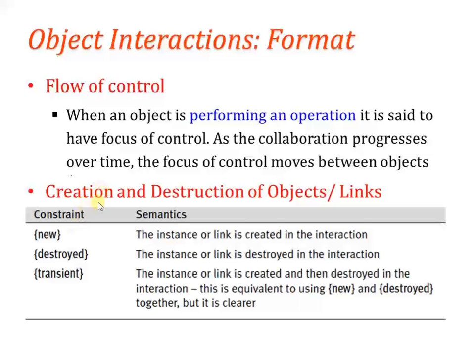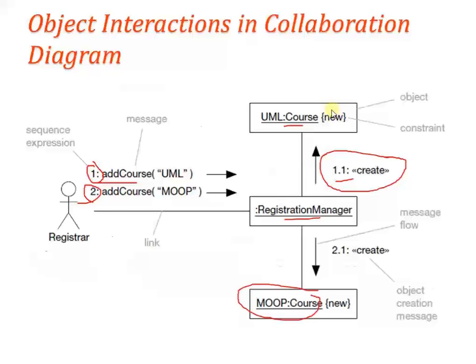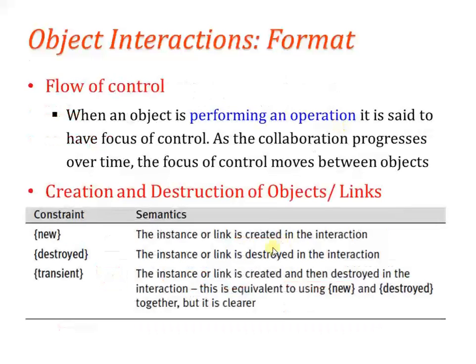And the next representation is called creation and destruction of objects. You can see in this diagram, we have a keyword called new, which is written in flower brackets. The meaning of this is creation of objects. So here we can have three different constraints. One is called new, the other is destroyed, and finally we can also have transient.